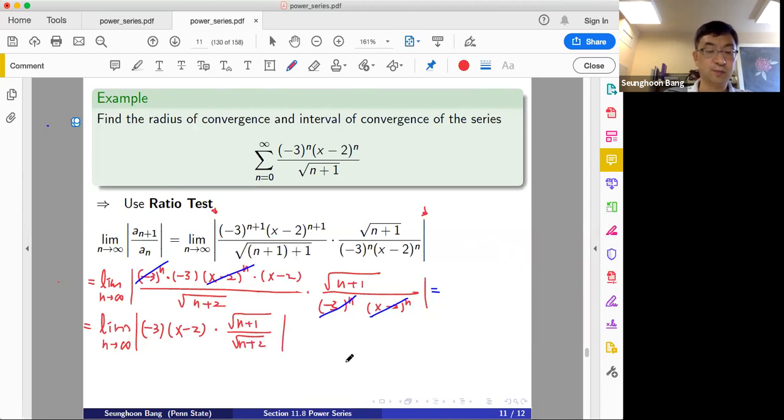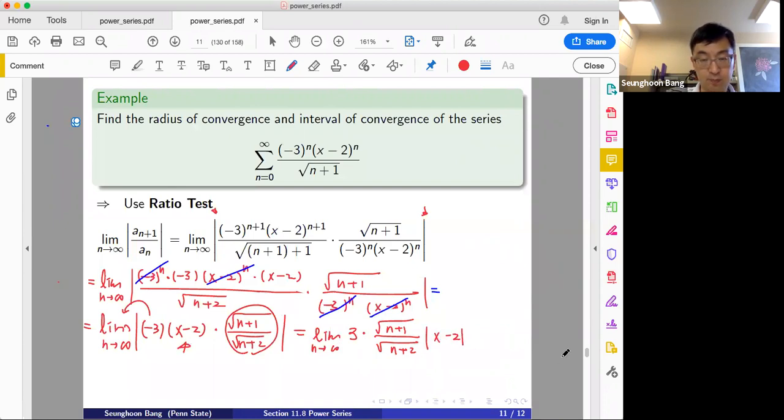So what happens? You can take out the constant 3; only the absolute value sign changes it to positive 3. Then the limit as n approaches infinity of root of n plus 1 over root of n plus 2. You have to keep x minus 2 in the absolute value sign. Like this, so you can take the limit.